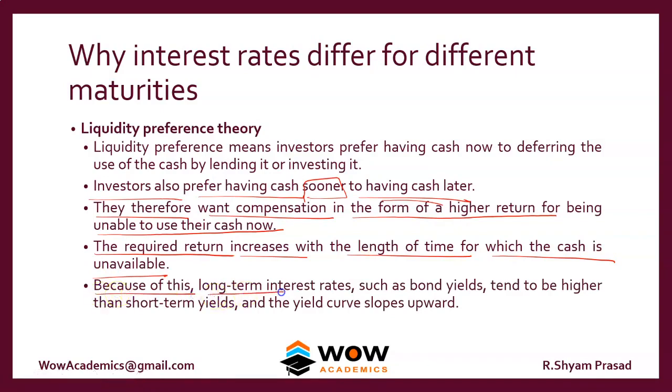Because of this, long-term interest rates such as bond yields tend to be higher than short-term yields, and the yield curve slopes upwards. So it is purely on the basis of liquidity. People want more liquidity, and liquidity is given more preference. The higher the liquidity, the lower the interest rate, and the longer the period of the loan, the lower the liquidity, hence the higher the interest.